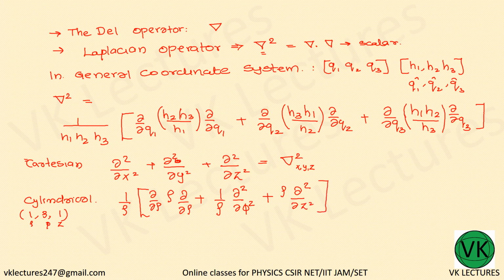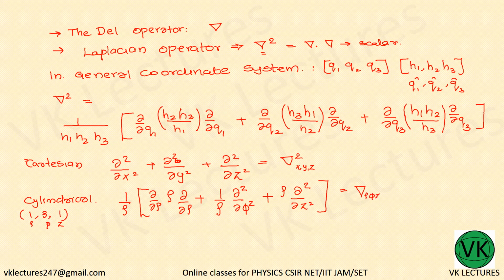So this is the del square in cylindrical coordinate system, rho phi z.